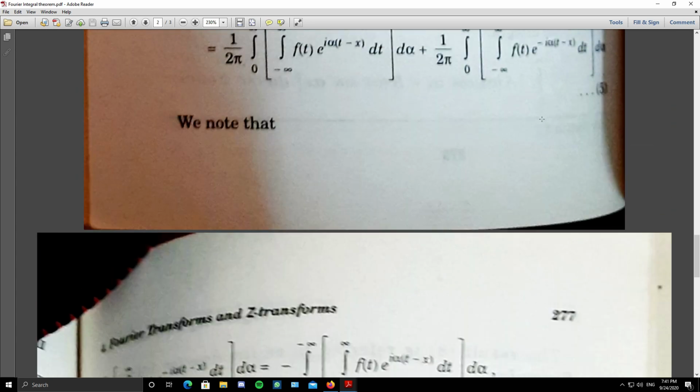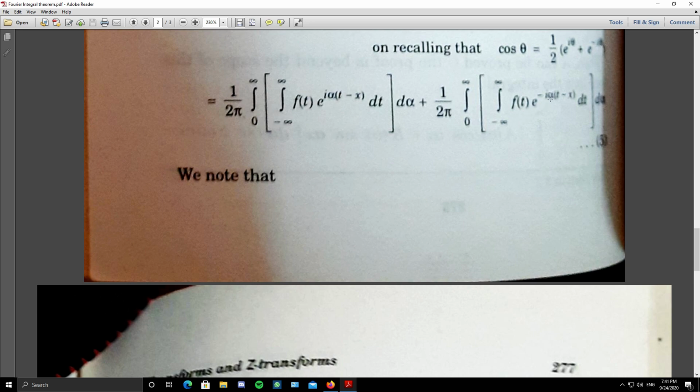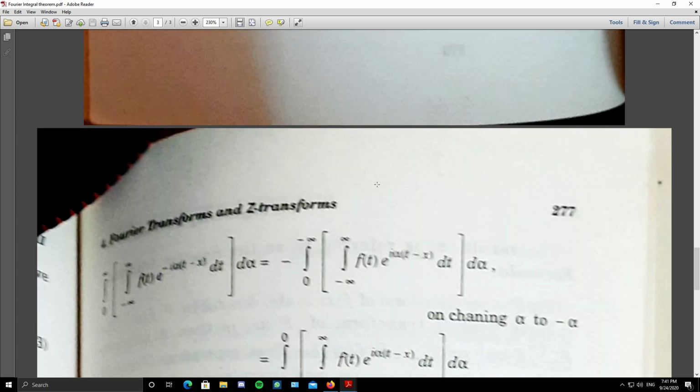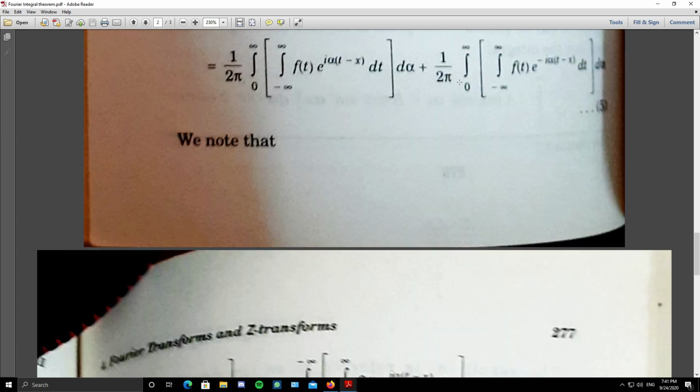I repeat, in this expression alone, alpha is replaced by minus alpha. The first expression has no change.